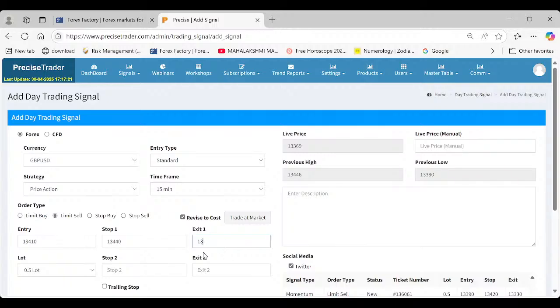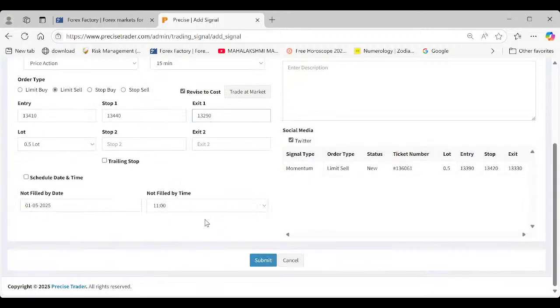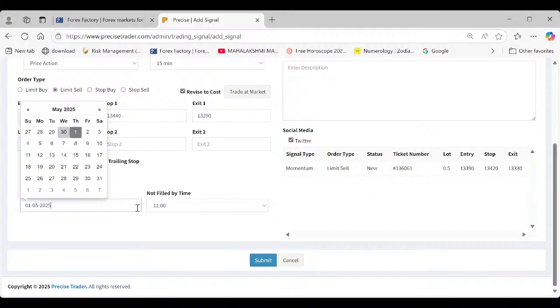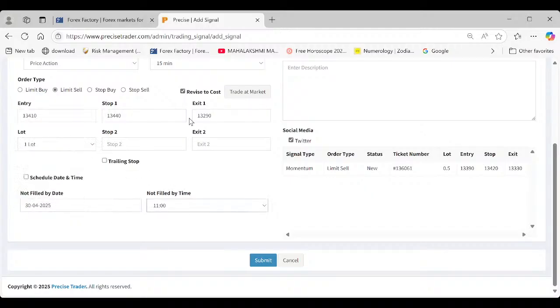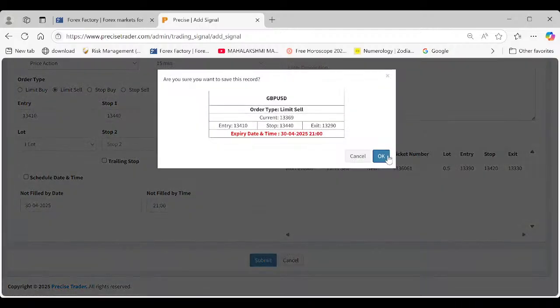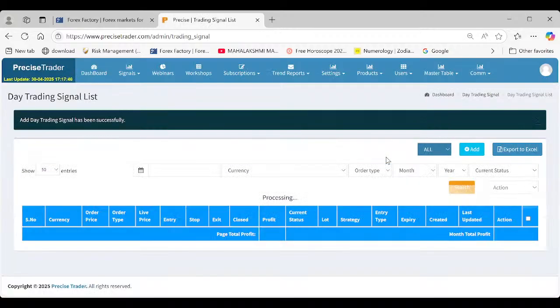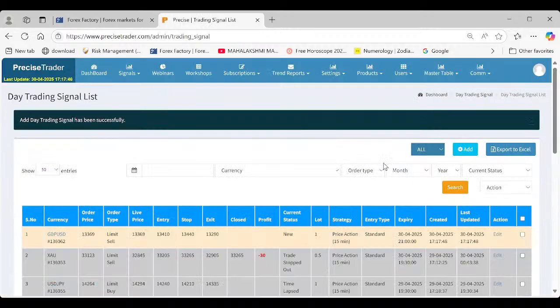Remember, 3280 is the final target for today. So this one we can try to go for one lot, and expiry I would say before the data. Okay, data is out around 8:30, so maybe about 9 o'clock. Okay, so this should be our next call. So this is for pound.